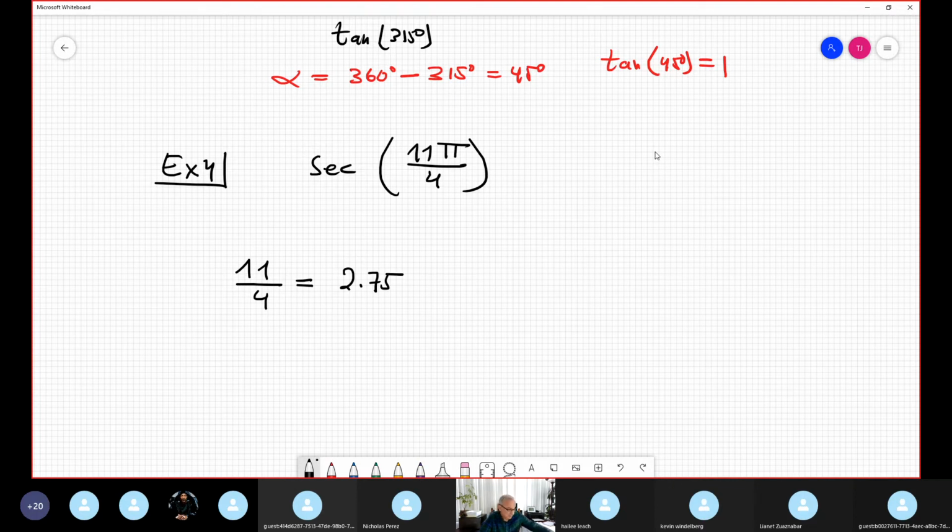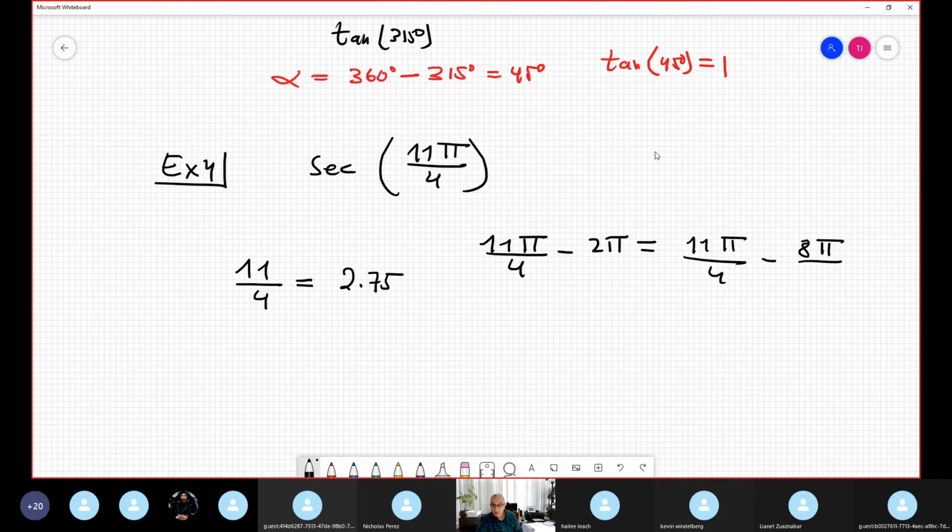So in this case, you can subtract 2 pi, not necessarily division. In this case, you're subtracting: 11 pi over 4 minus 2 pi. Que 2 pi representa 1 revolution, ¿no? Entonces es 11 pi over 4 minus 8 pi over 4, because 2 pi is equivalent to 8 pi over 4.